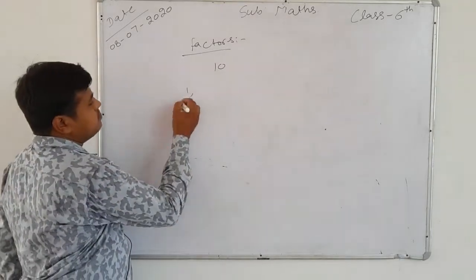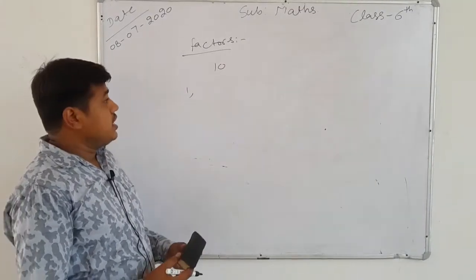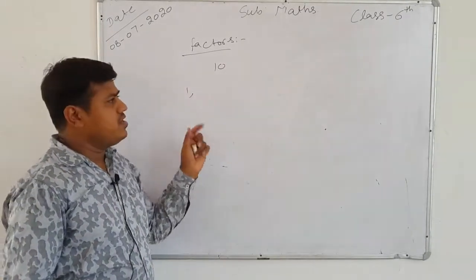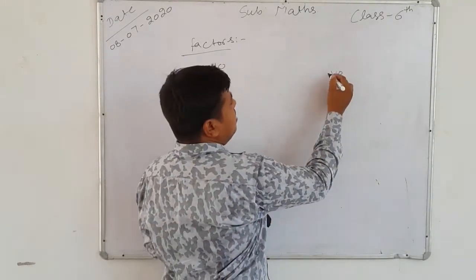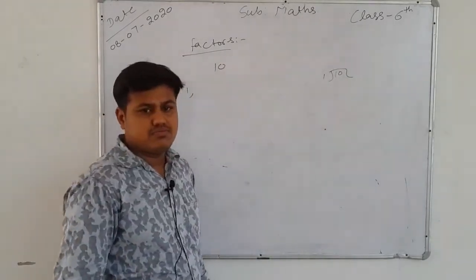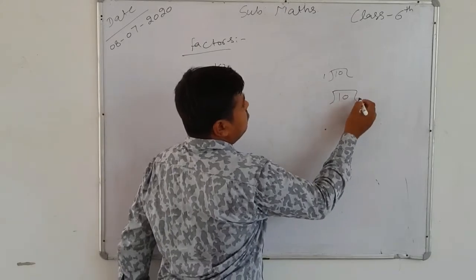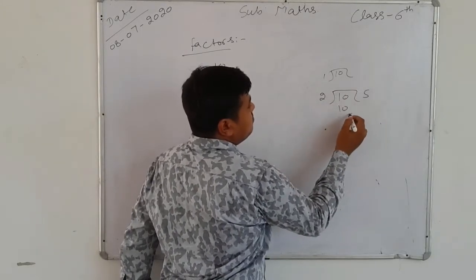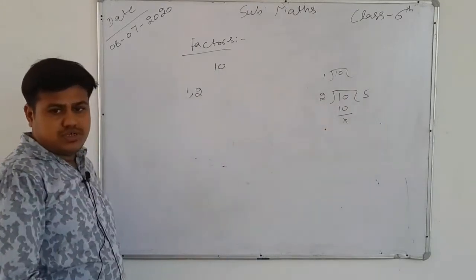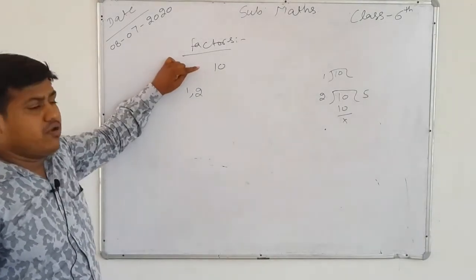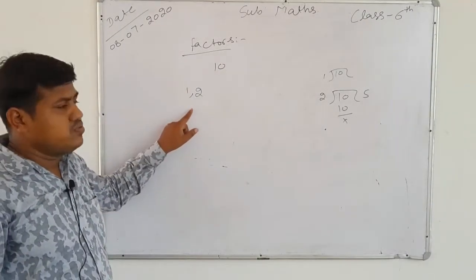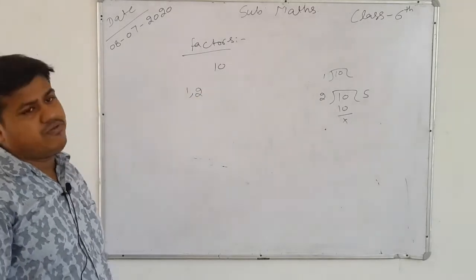If we take 1 and divide 10 by 1, it is completely divisible. If we take 2 and divide 10 by 2, it's completely divisible. So 1 is a factor of 10, and 2 is also a factor of 10.